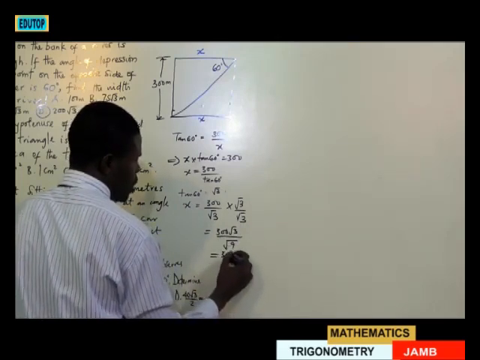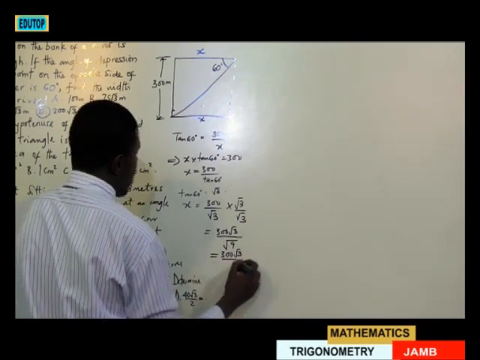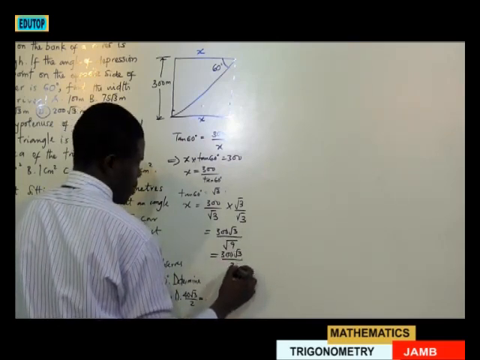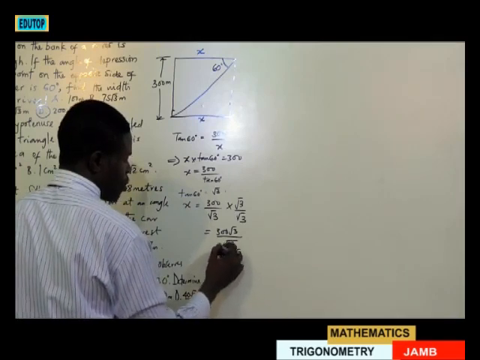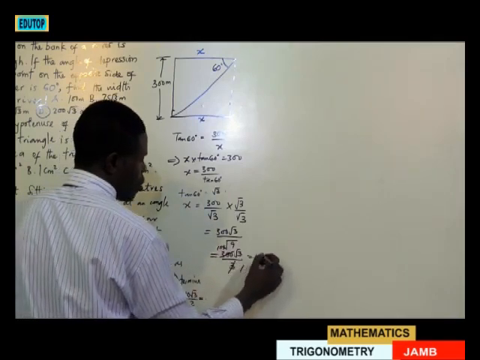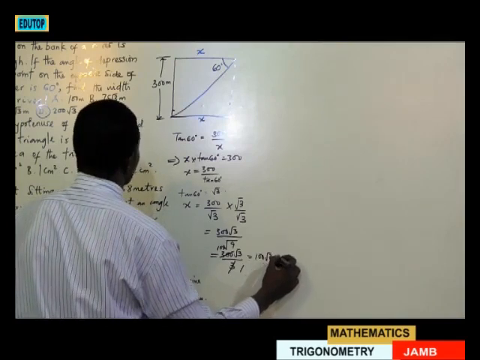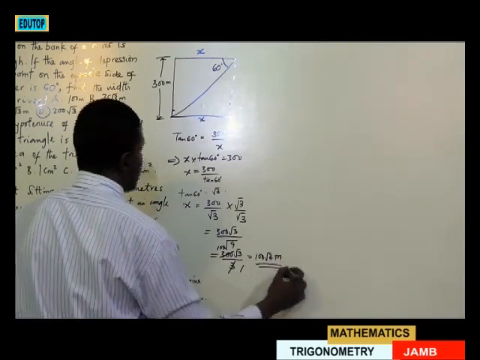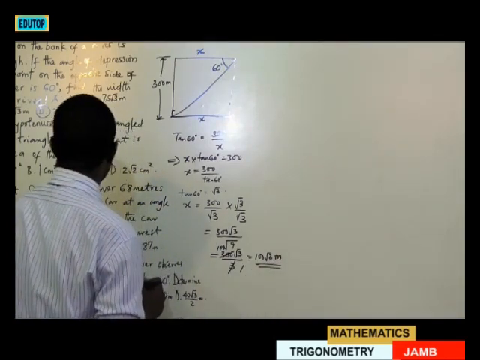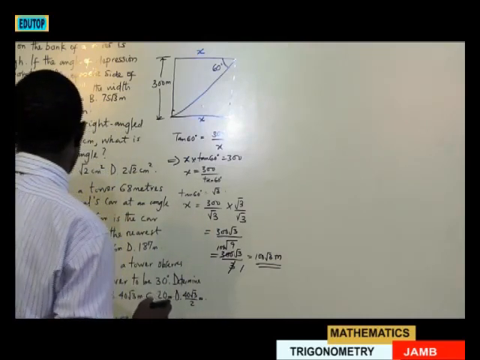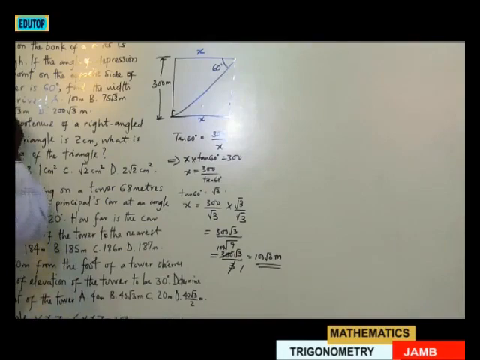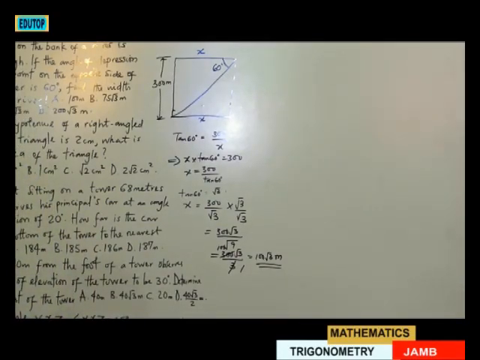That will now be 300 root 3 over 3. Then I have 3 here, 1, 300, 100. So I have 100 root 3 meters. So the width of the river will be no other option rather than what? Option C, which is 100 root 3 meters.